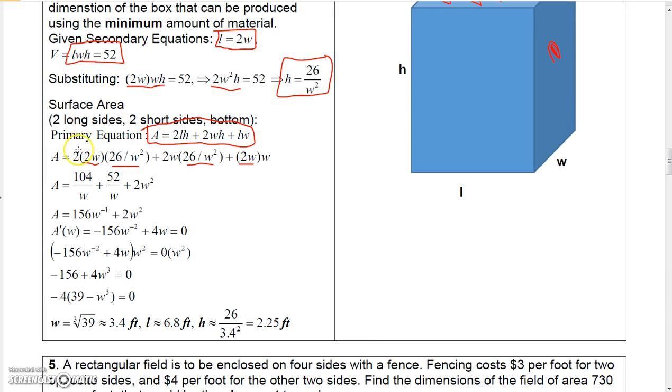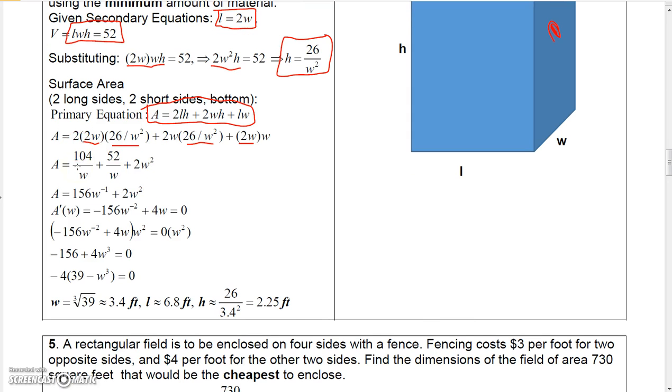Now, if you simplify that, you're going to get 2 times 2 times 26, which is 104 over W, because this W will cancel with W squared, giving you W. And then the same thing here, this W cancels with this W squared, giving me W in the denominator. But here I have 2 times 26 is 52. And then here I have 2W squared. So basically, if I add these two together, I get 156 over W plus 2W squared.